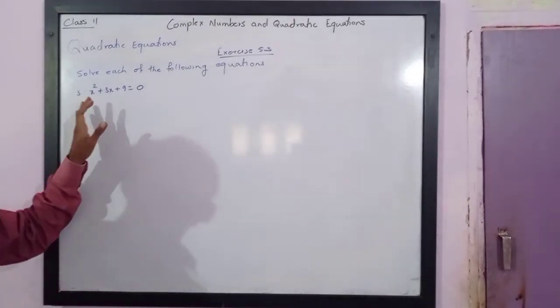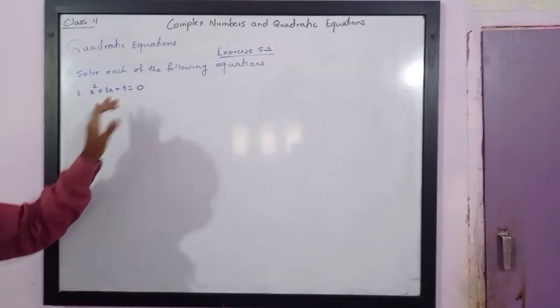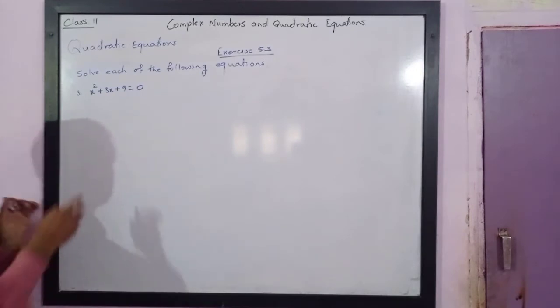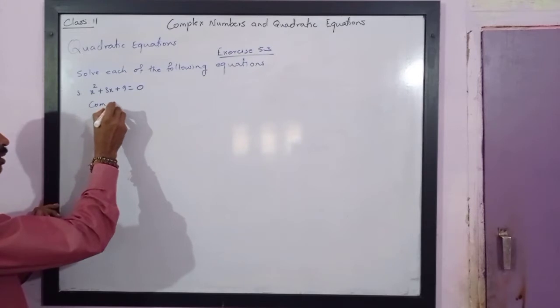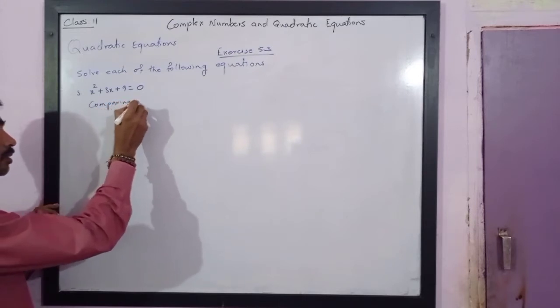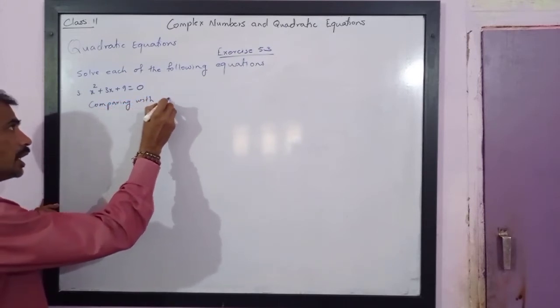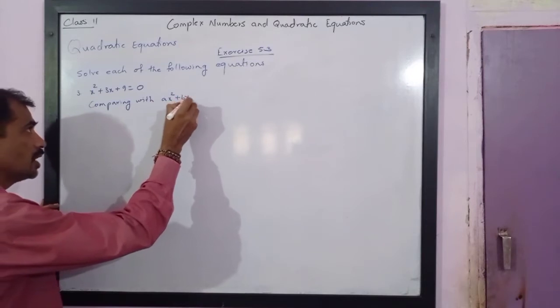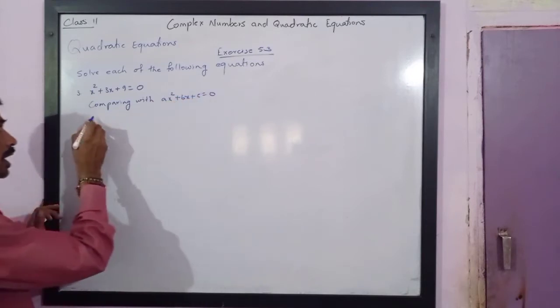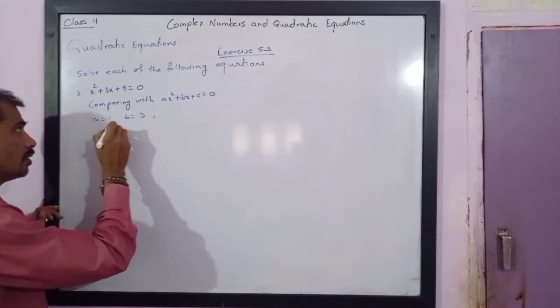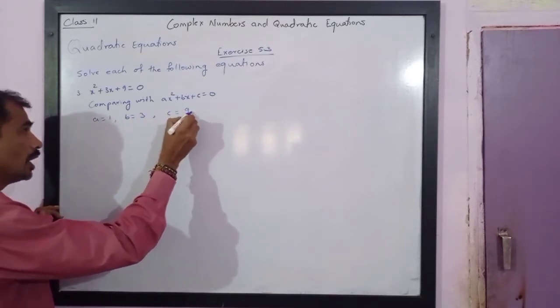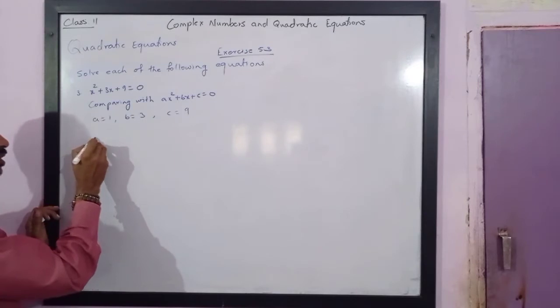Dear friends, we have third question, x square plus 3x plus 9 equals to 0. Now compare this with the general form of quadratic equation, ax square plus bx plus c equals to 0, we have a equals to 1, b equals to 3 and c equals to 9. Now we have the roots.